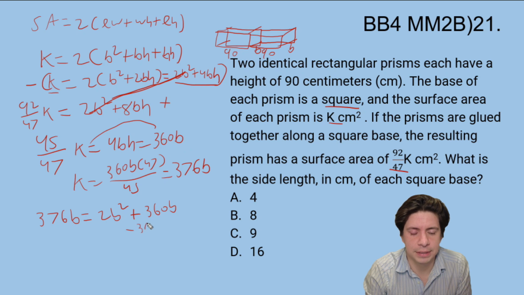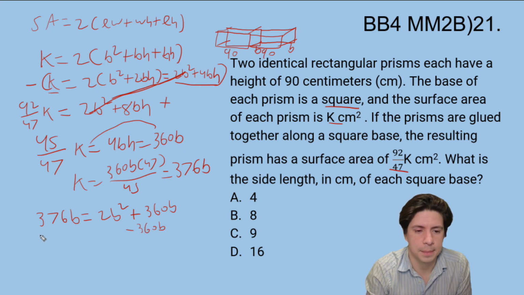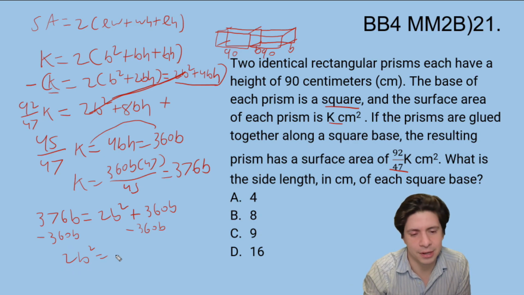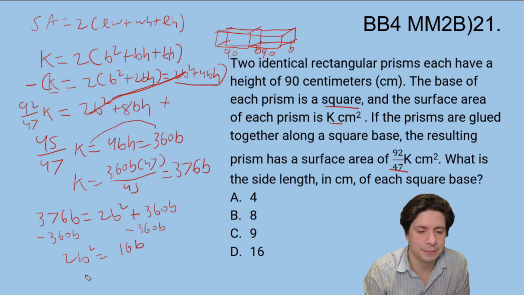Now we'll subtract 360b from both sides. The 2b squared stays. That makes me think of Hamlet, to be and not to be squared. It's going to be 16b, so 2b squared equals 16b.